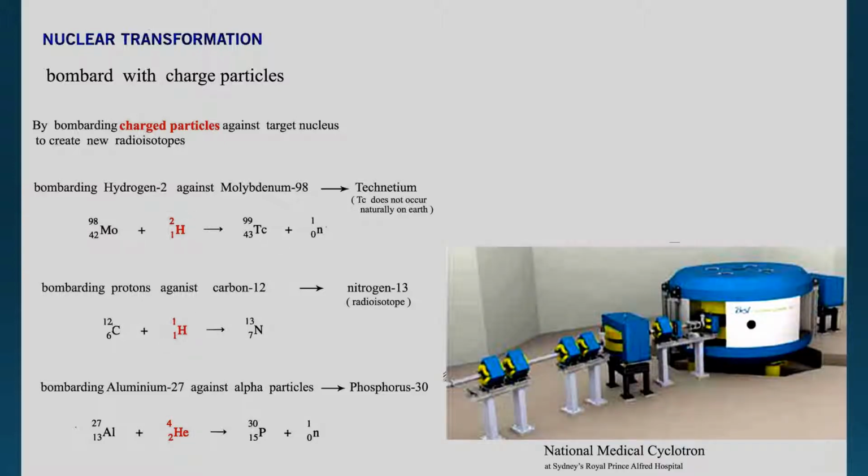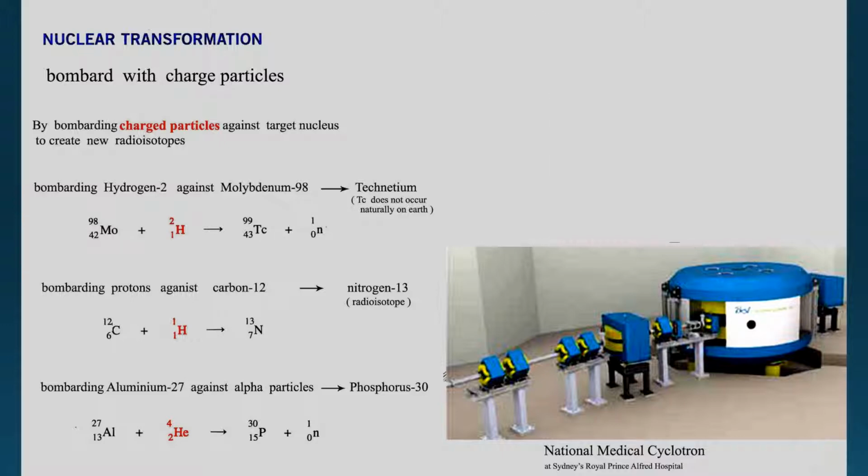And this picture is the Australian medical cyclotron at the Royal Prince Alfred Hospital in Sydney. How does this work? Let's pay attention. They have a tank, and this tank is the accelerator.